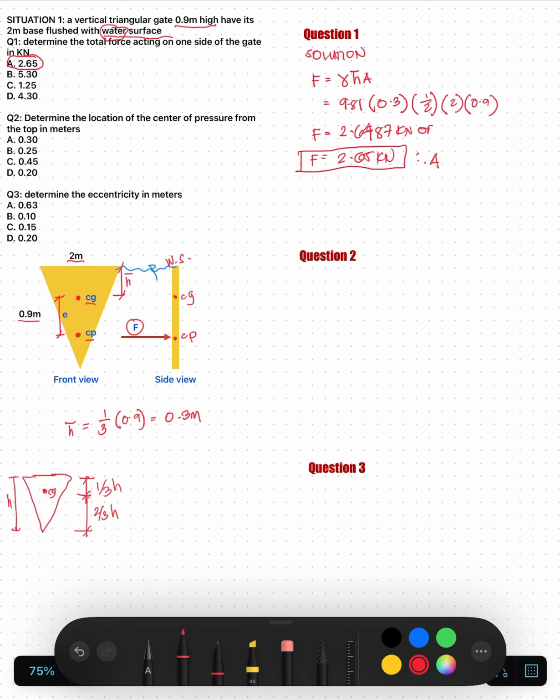So for our question number 2, we need to determine the location of the center of pressure from the top in meters. Take note, this is reckoned from the top.